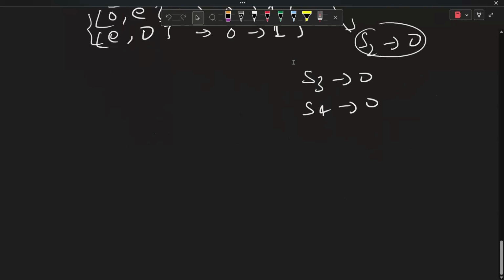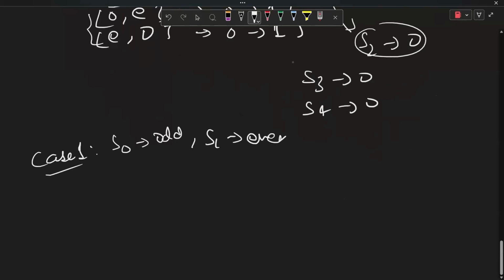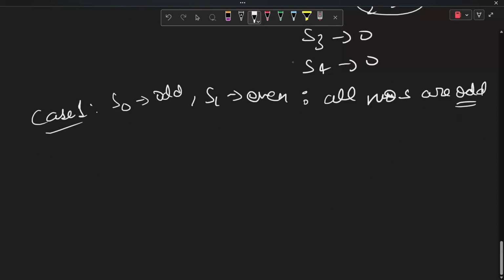So for case one, where we have S0 as odd and S1 as odd, we can conclude that all the numbers in that subsequence should be odd. Now, in the same way, let's analyze all the cases.